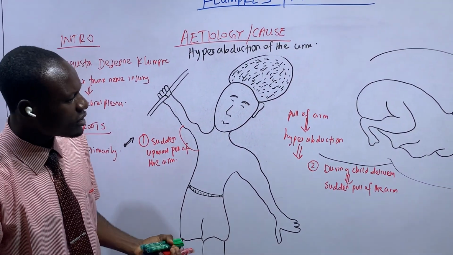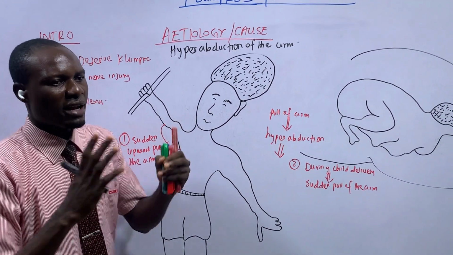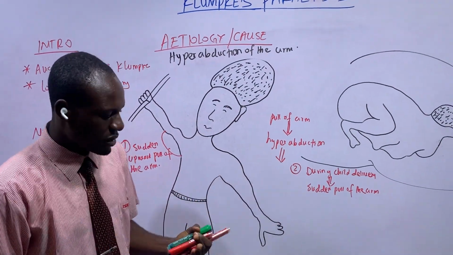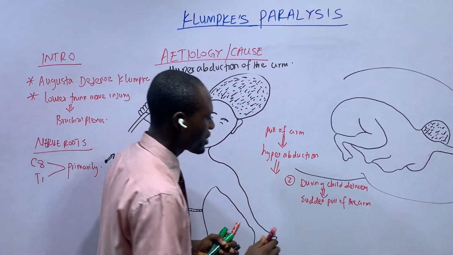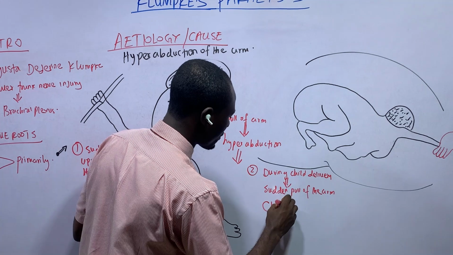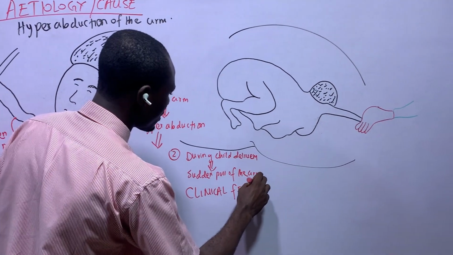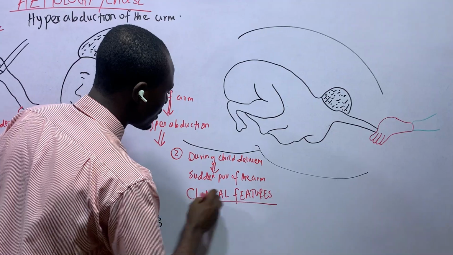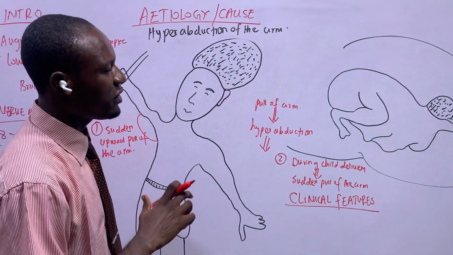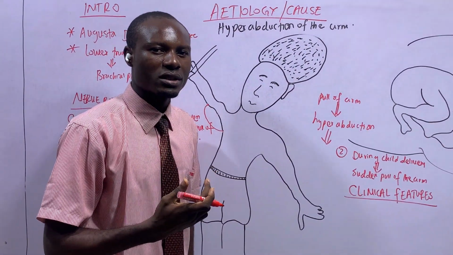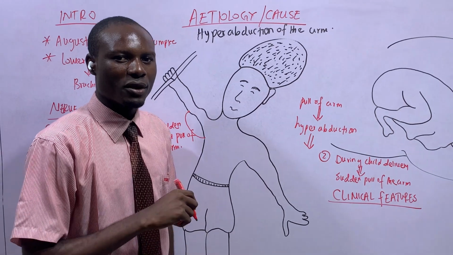All right. So, what are the manifestations, or the clinical features, of Klumpke's paralysis? The various clinical features can be understood if we have an idea of the muscles affected.